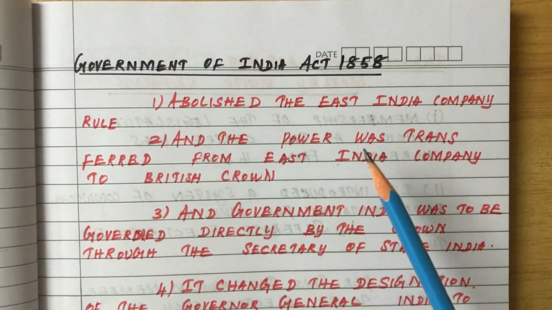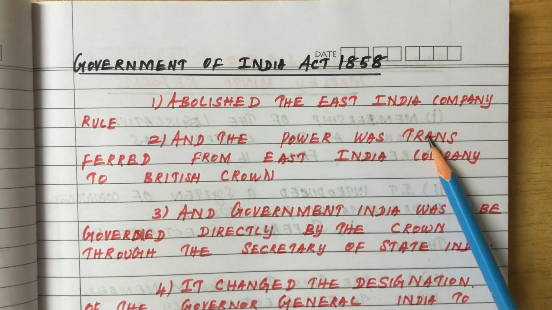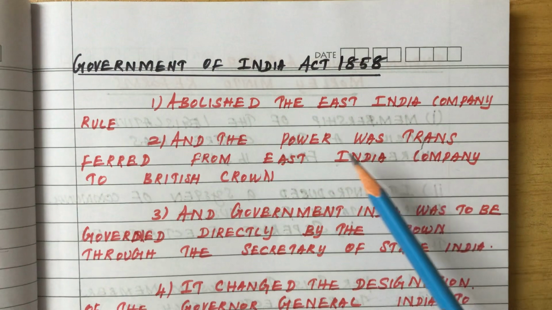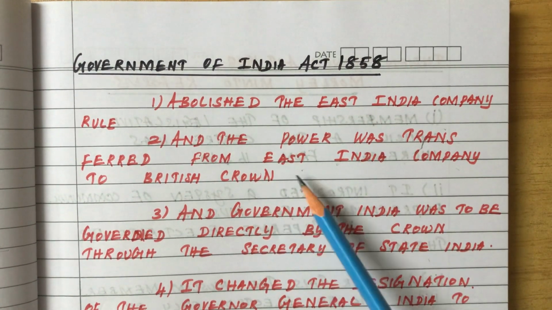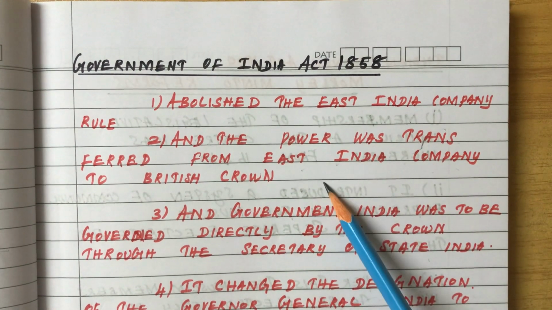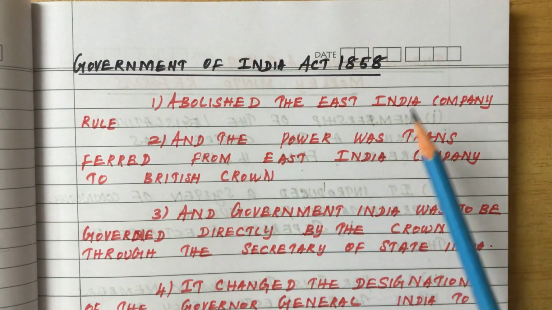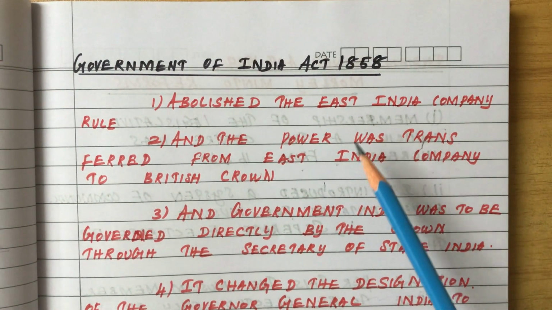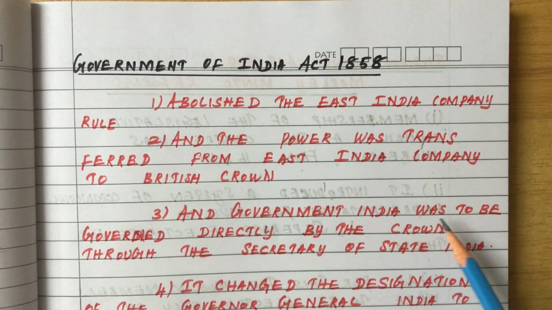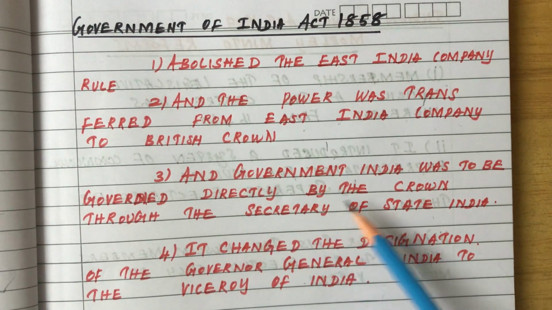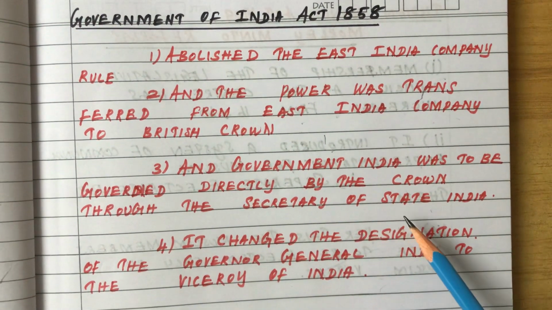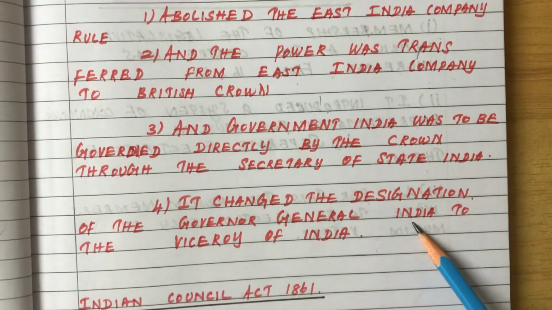The next one is Government of India Act 1858. It abolished the East India Company rule and the power was transferred from the East India Company to the British Crown. India was to be governed directly by the Crown through the Secretary of State for India.